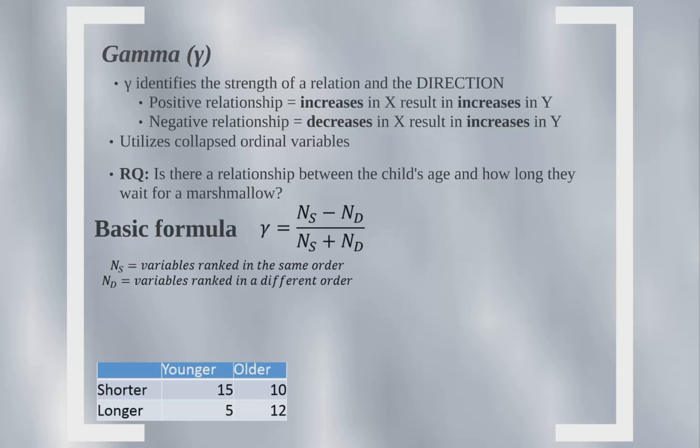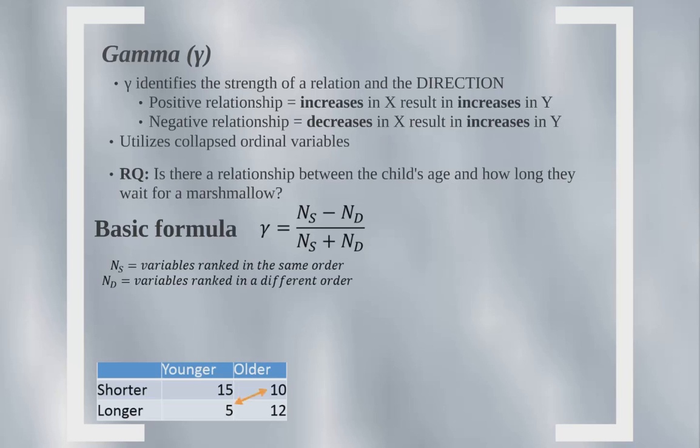So you're looking at the diagonal across variables ranked in the same order, and I'll show you what I'm talking about in a second. We're looking at, as one variable increases, the other variable going the same direction. The N sub D is where the variables are ranked in a different order, right?